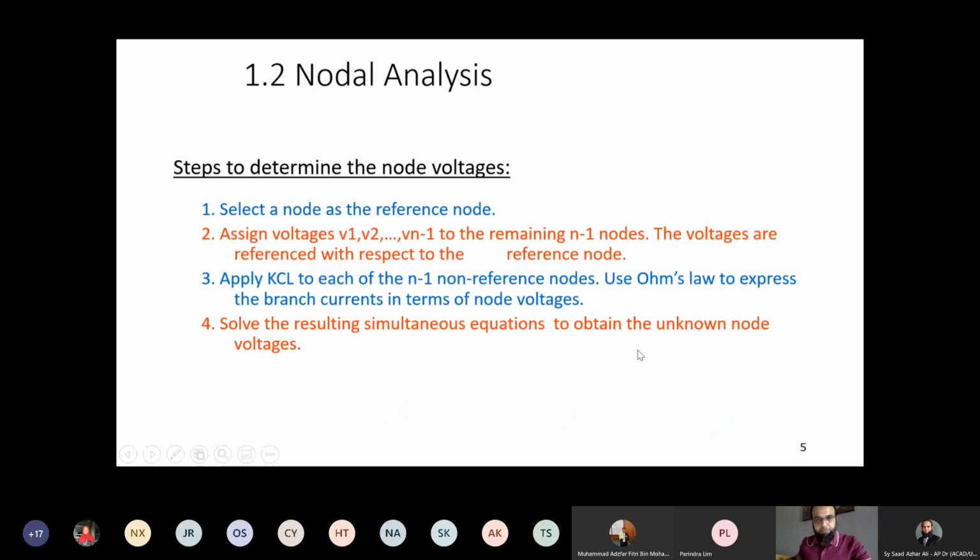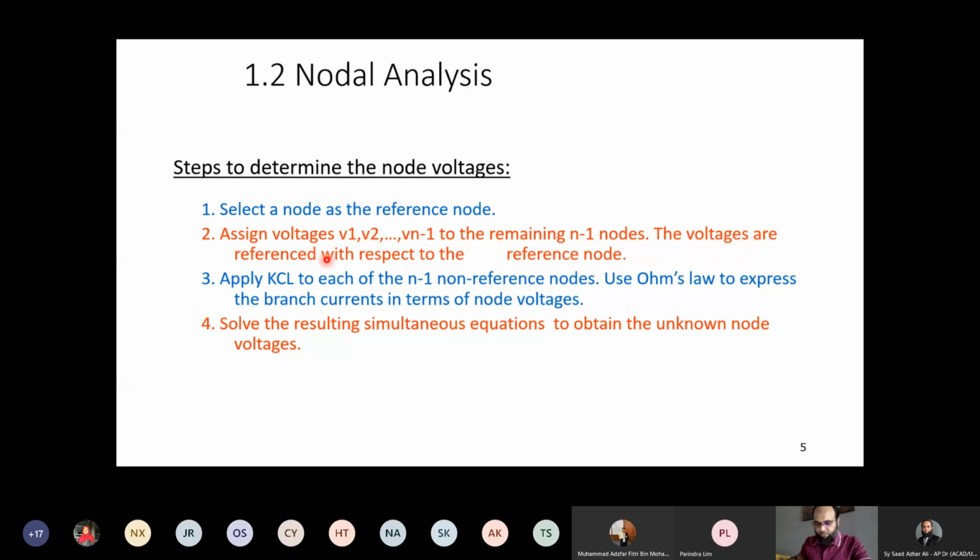All right, nodal analysis, just a review. We select a node as the reference node, which is normally the ground. Then assign voltages V1, V2, and so on to the remaining nodes.